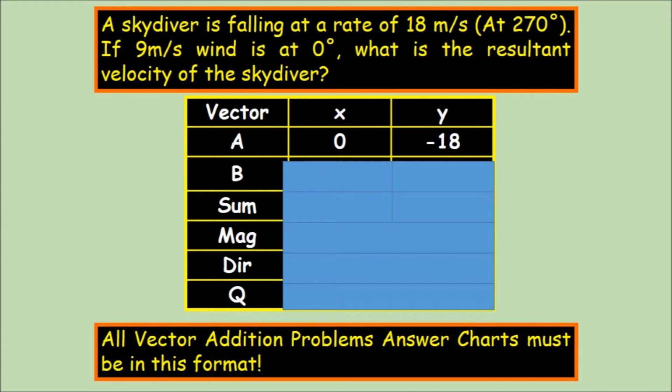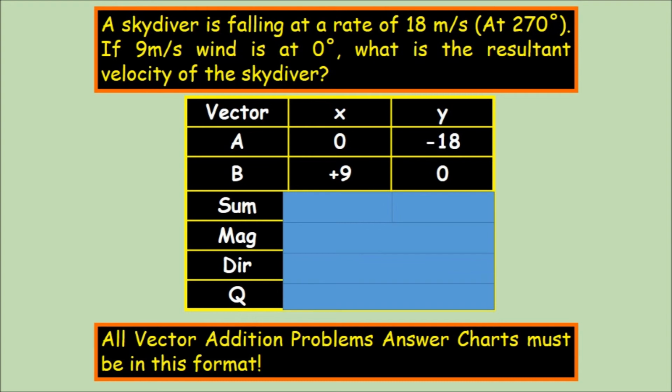The first vector, A, is the skydiver. Those are the components. That's going to be the wind. We're going to add that and get the sum. We're going to have positive 9 and 0. I'm sorry, positive 9 and negative 18 will be the sum. And then the magnitude and direction should be pretty straightforward.